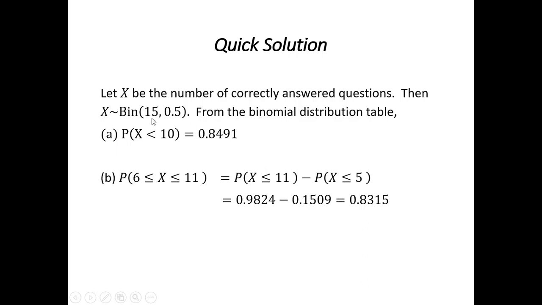Make sure you use n is 15, p is 0.5. So we get 0.9824. And then subtract from this the probability x is less than or equal to 5. So subtract off 0.1509, and we should get right around 0.8315.